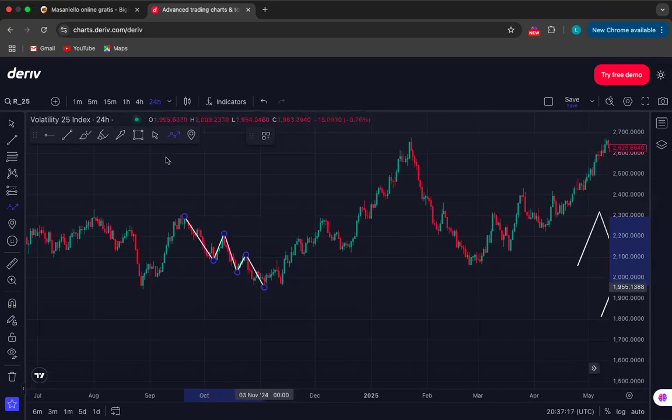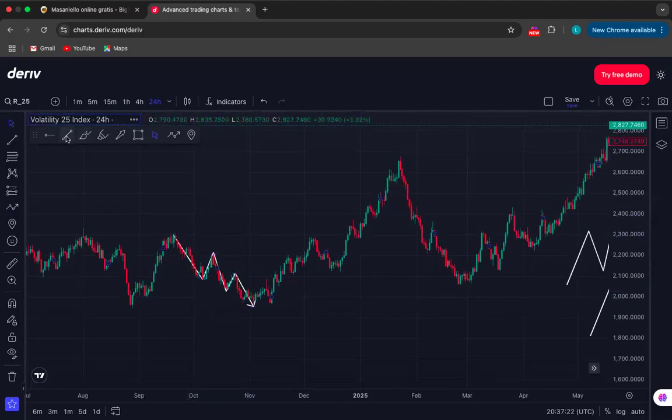Right? That's a downtrend. Where's our break of structure? Break of structure here. Break of structure here. That's just our break of structure, guys. All right? So that's just it. Now, let's continue here.